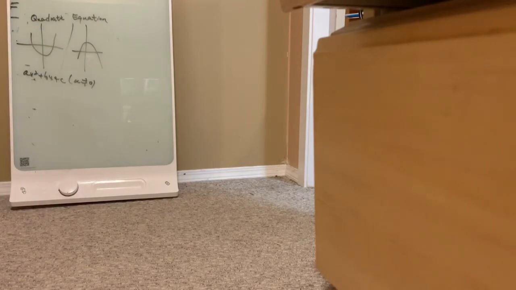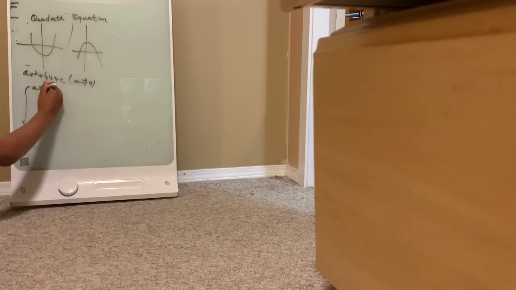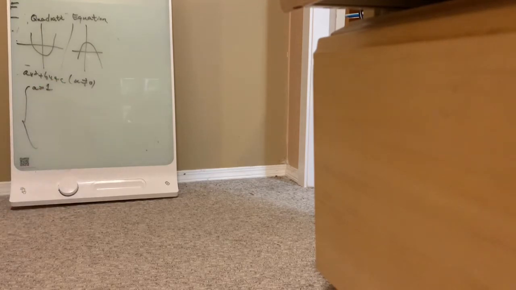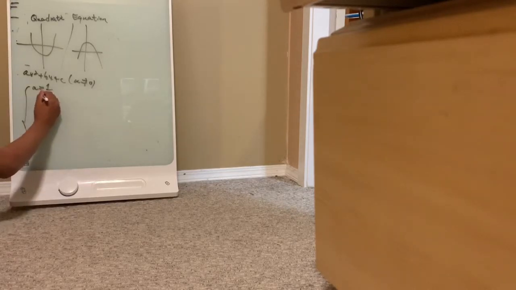So let's talk about how to solve the quadratic equation. We need to divide it into some cases. First, a is equal to 1. It has a unique solving way compared to a being equal to other numbers. It looks like this.